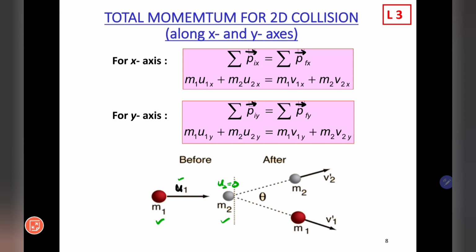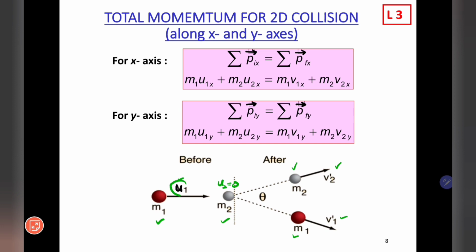Okay, after the collision, these two objects are still moving, but in two different directions. So this is M1 moving now with the velocity of V1, and the second body, which is M2, is moving with its own velocity, which is V2. Alright, so please refer to U1.